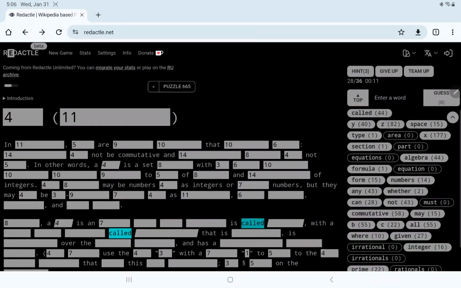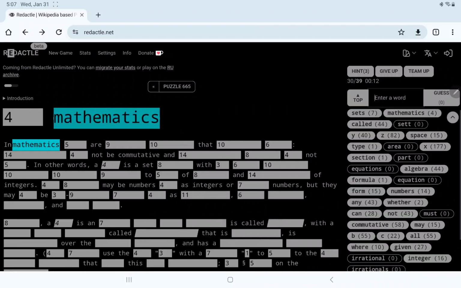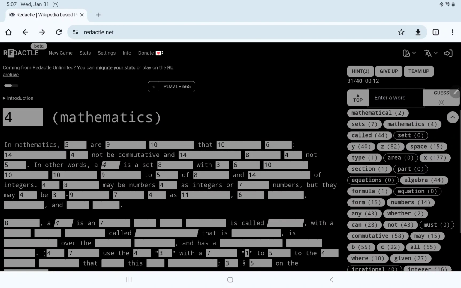I seem to remember, maybe I've just dreamt this, but that there's a words or a spelling of set with 2 T's, but maybe I'm thinking of badgers or something. No, I must have dreamt that. A 4 is a set. Let's do sets plural. Now let's do mathematics too, just to get that out of the way. And let's do mathematical. Yeah, I'm definitely not going to snipe this one.